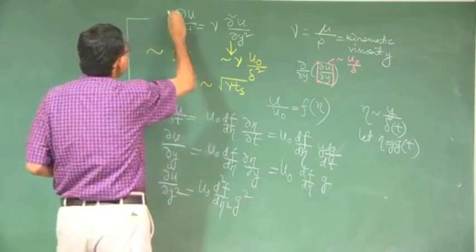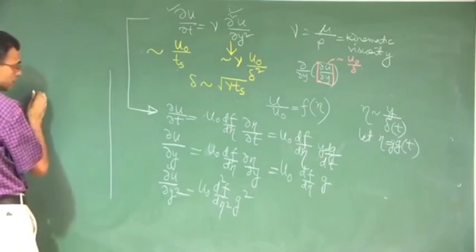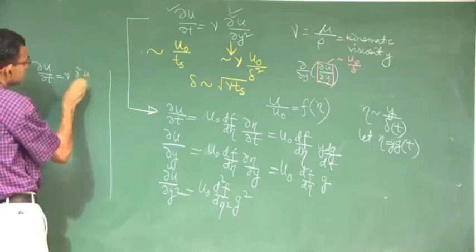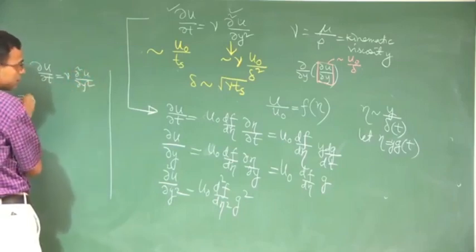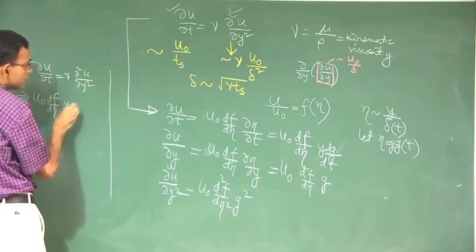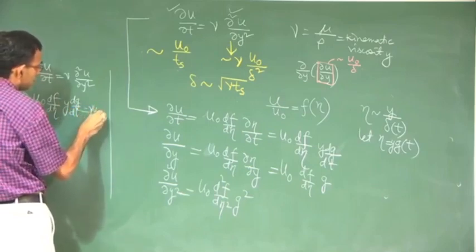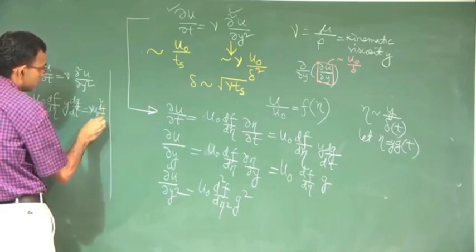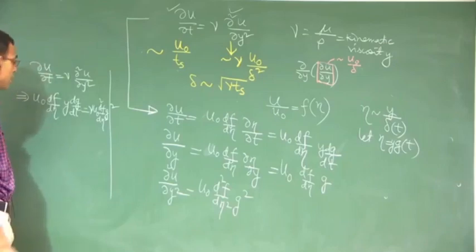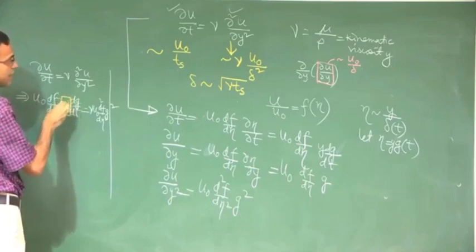Because these two terms are equal, we can write, and now you can also write y as eta by g.